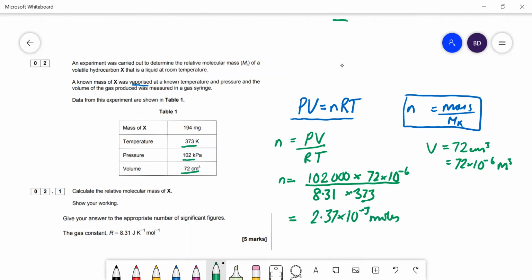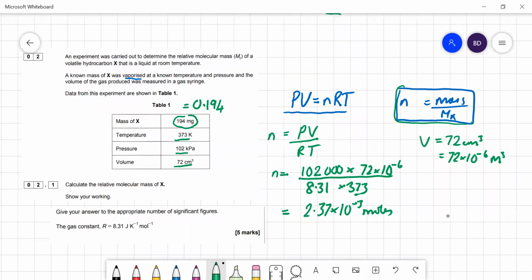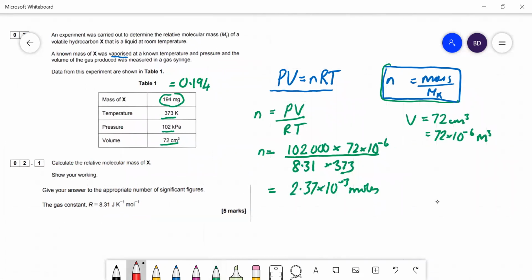Now we have to put that value into this equation up here. We're told the mass of X is 194 milligrams, that's equal to 0.194 grams. So let's rearrange to get MR. MR is equal to mass divided by moles. So we've got 0.194 divided by 2.37 times 10 to the minus 3, which gives us a value of 81.8.